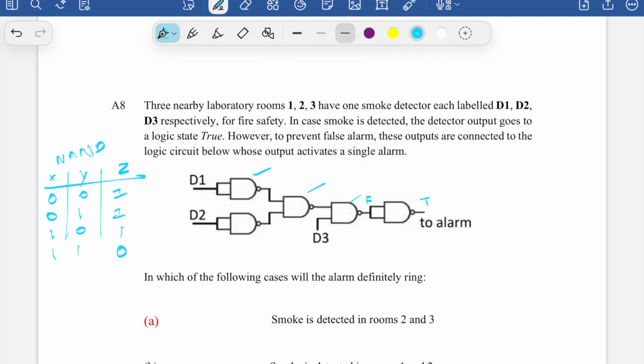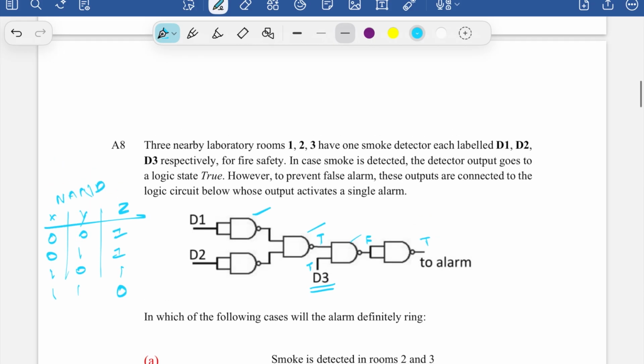If the input is false, this is only possible when both of these inputs are true. That means here you can see for D3, the alarm will activate only if the D3 detector detects smoke.